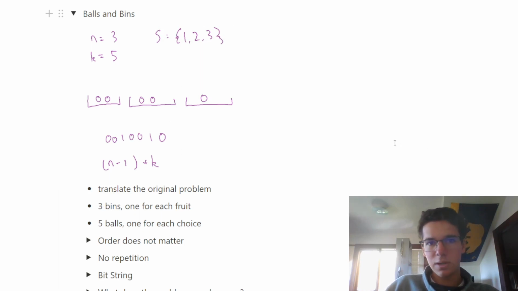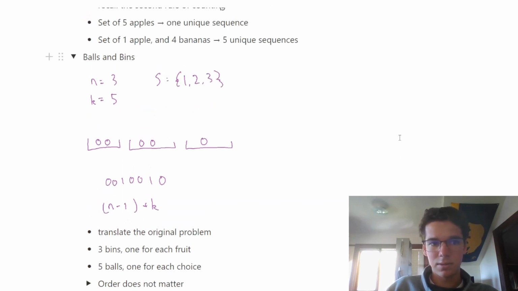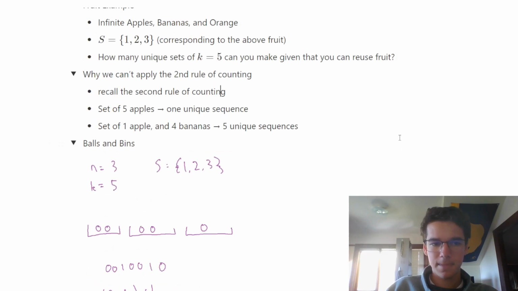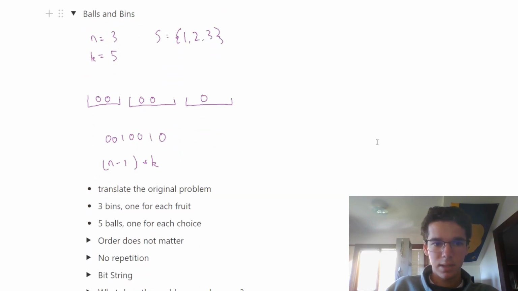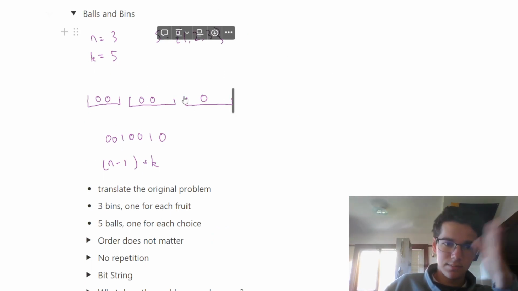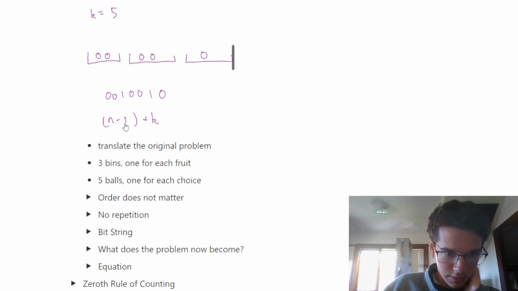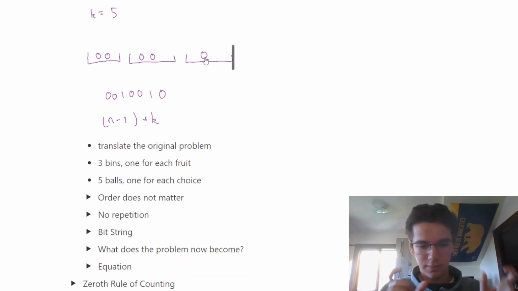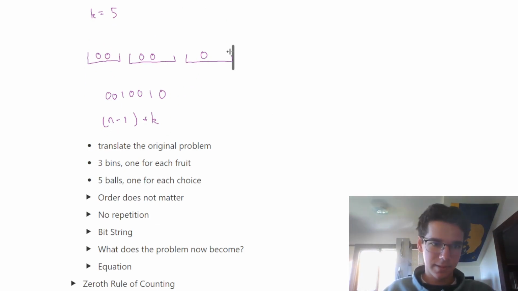The number of balls is equal to k, but the number of walls between each bin is going to be equal to n minus 1. I feel like that's fairly straightforward, because if you have 3 things next to each other, there are 2 gaps between them.